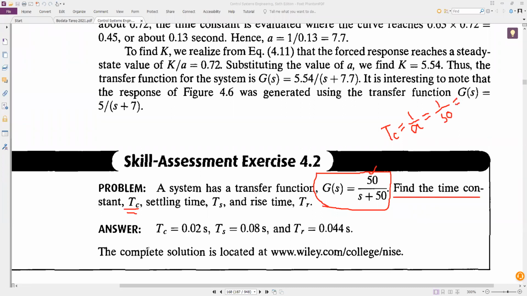What is the result? Maybe 0.02. 0.02 second. And settling time. Settling time, that means Ts.